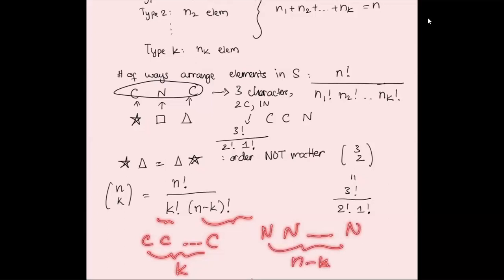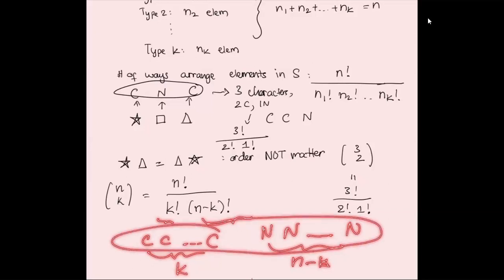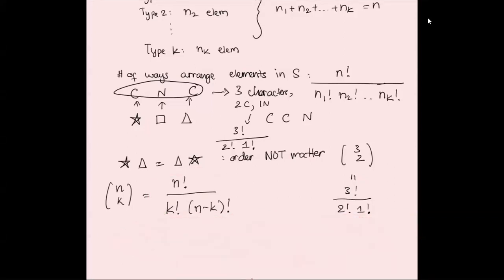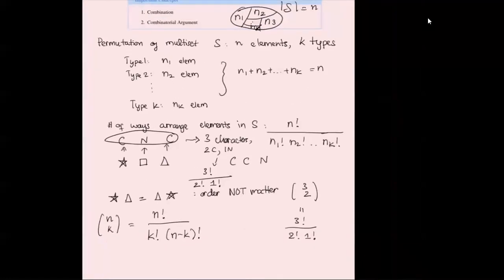So the number of ways to arrange this sequence is: you have n characters in total. Out of those, k letters belong to one group, n minus k letters belong to another group. So that's why you have this definition. Does this make sense?